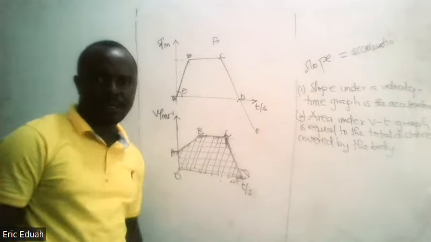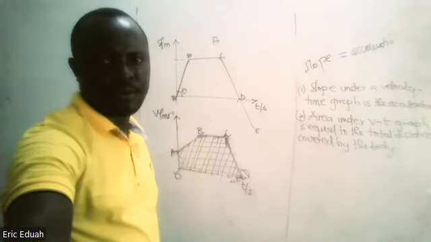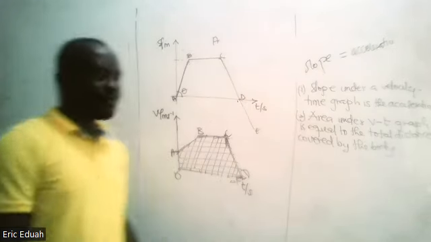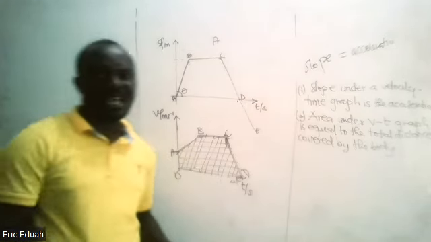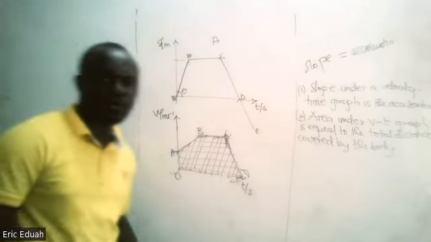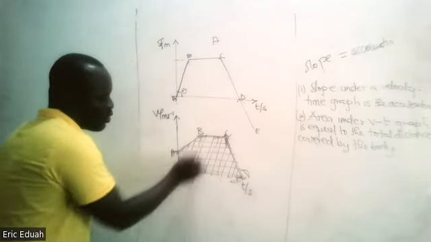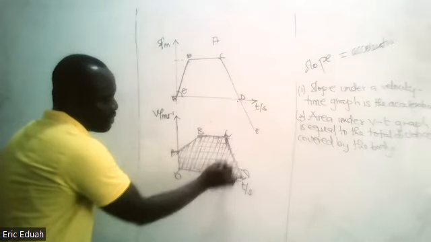Are you there? Yes, please. So the area under a velocity time graph is equal to the total distance covered. Look at this whole area I have on the board.